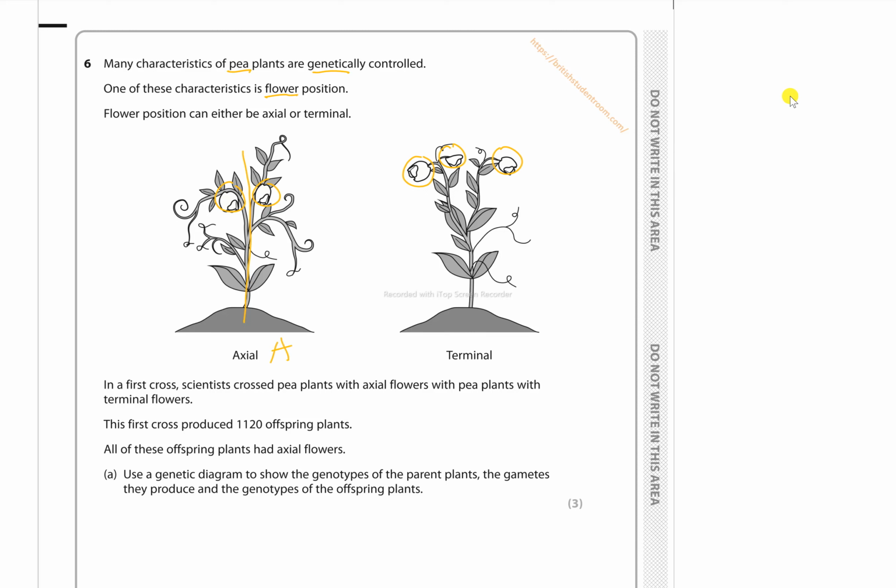So they've said A and T. In a first cross, scientists crossed pea plants with axial and terminal. The first cross produced 1,120 offspring. All of these offspring plants had axial flowers.